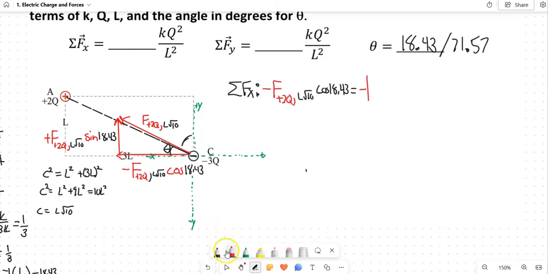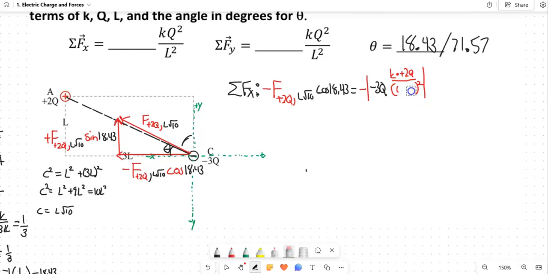We're doing a force diagram on our negative 3Q charge. It's due to the electric field of the positive 2Q charge. That is a distance L square root of 10 that we're going to square away.